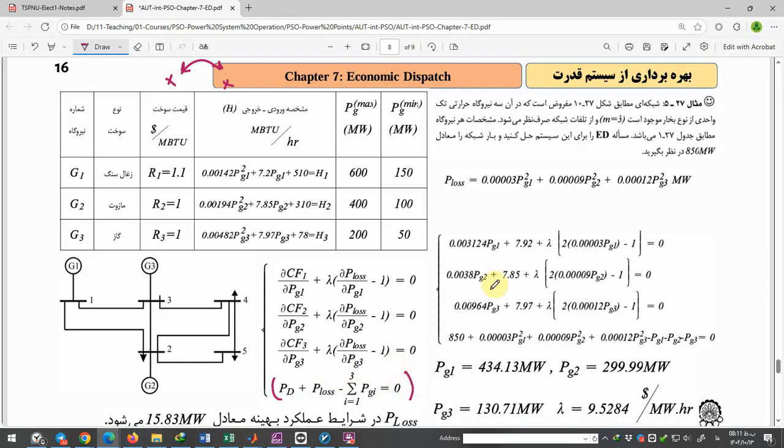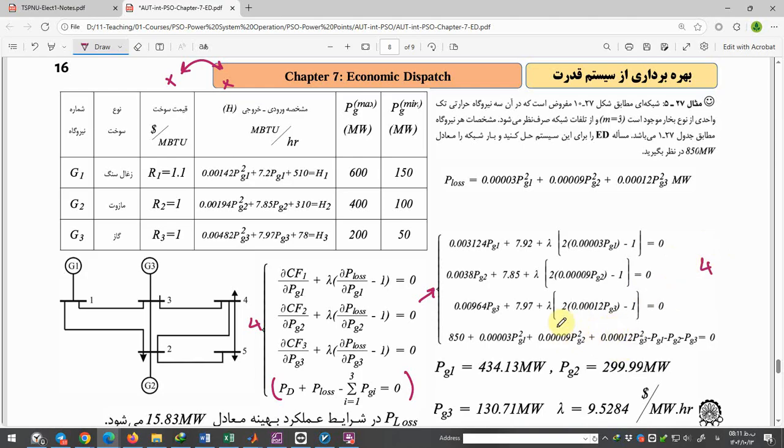After making derivatives, we achieve these four equations. We have four equations and four unknown parameters.